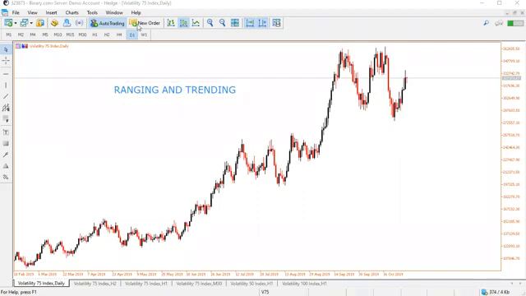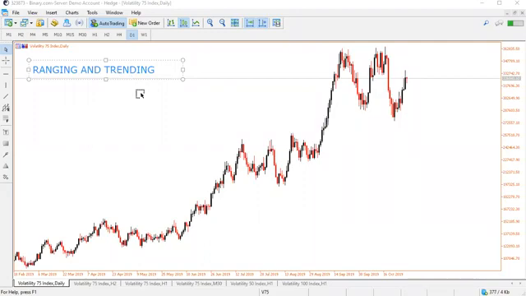These are the basics, guys. I need to understand each and every time when I say the market right now is ranging, or the market right now is trending, what do I actually mean? So let's start with the ranging condition.